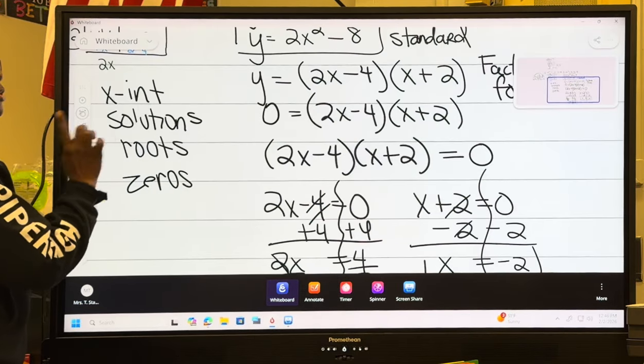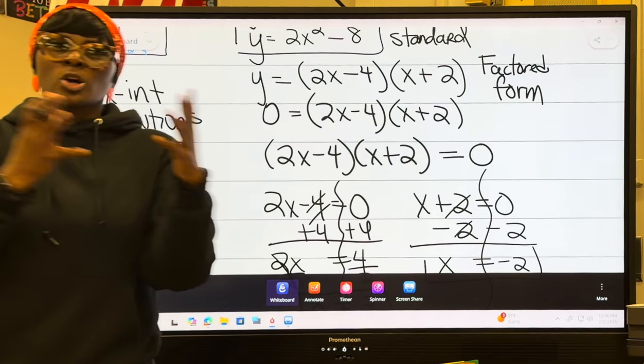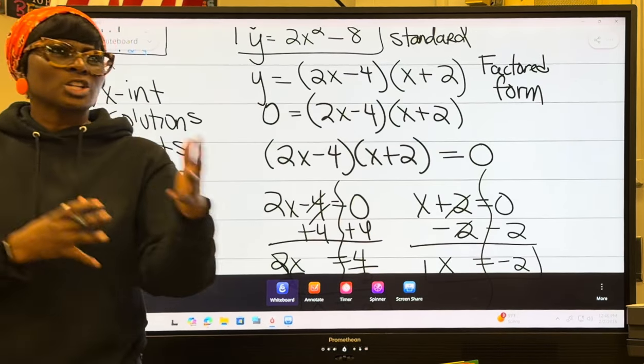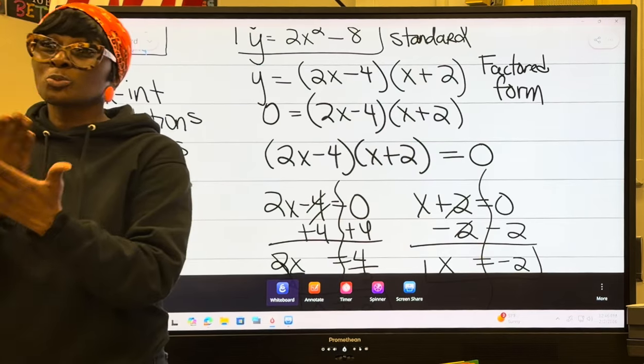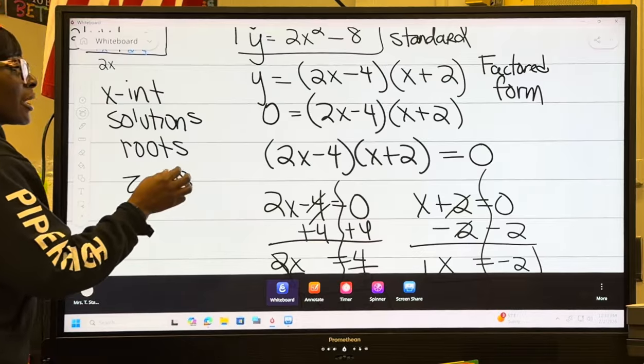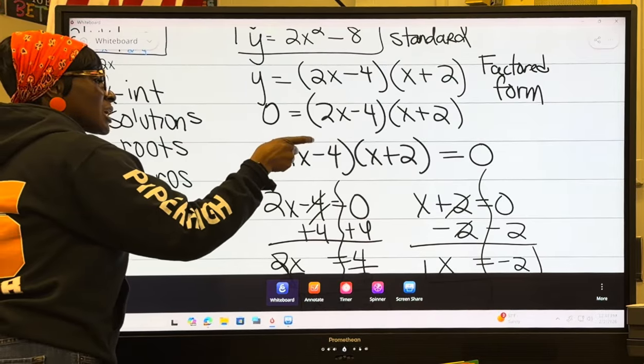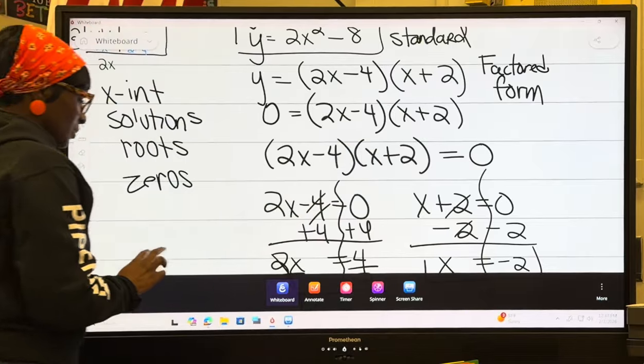But there's a zero product property. Zero multiplication rule. What does it say? If you multiply by 0, you're going to end up with what? 0. So because I know that to be true, I want to set both of these equal to what? 0.